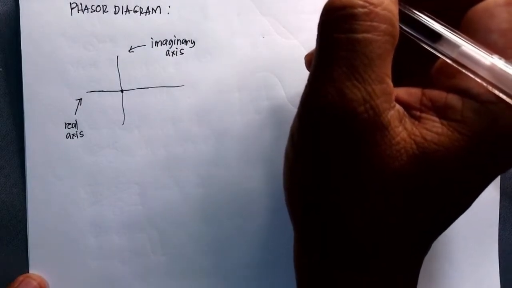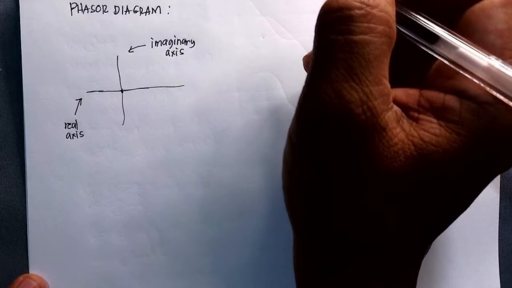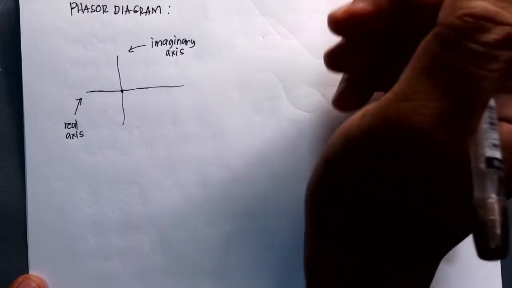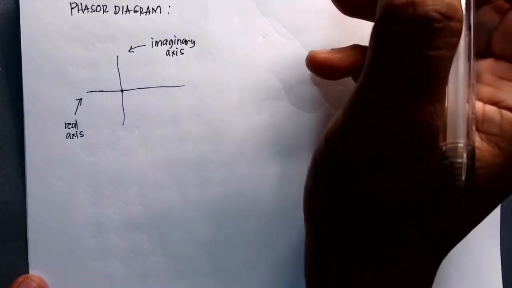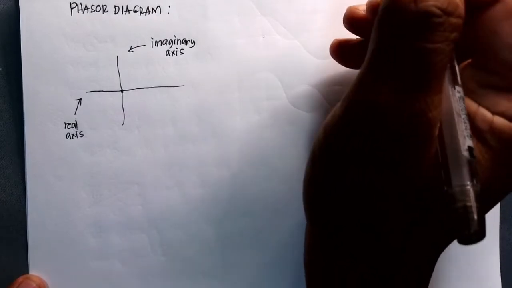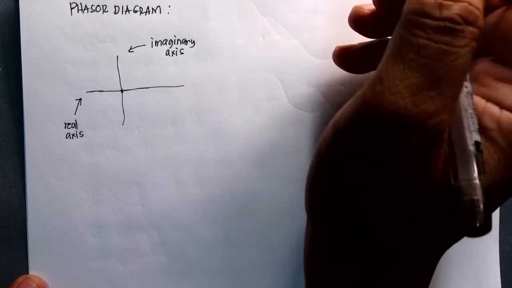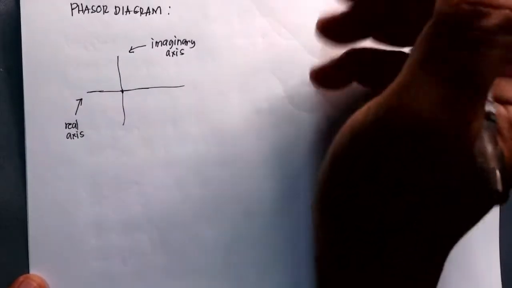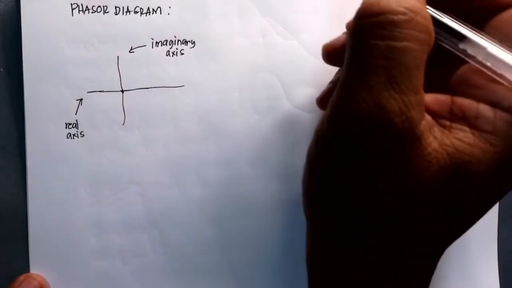By the way, the lengths of these segments can be drawn in proportion. You just show the relative magnitudes of these quantities. The phasor diagram also shows the relative phase positions of these quantities.